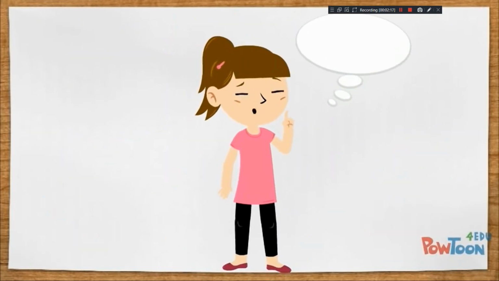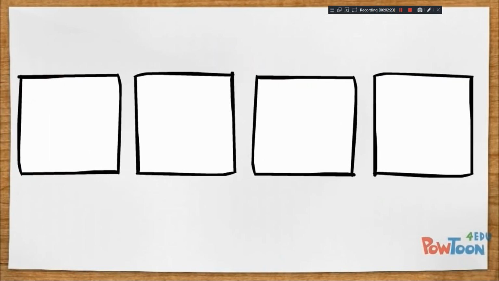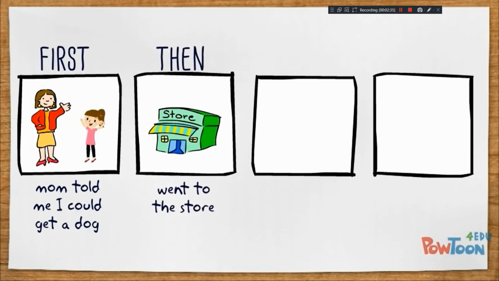So, first I need to think about what important things happened that I'm going to write about. I have 4 pages, so I'm going to think about what will go on each page. The first thing that happened was my mom told me I could get a dog. Then we went to the store because they had some dogs that needed to be adopted.